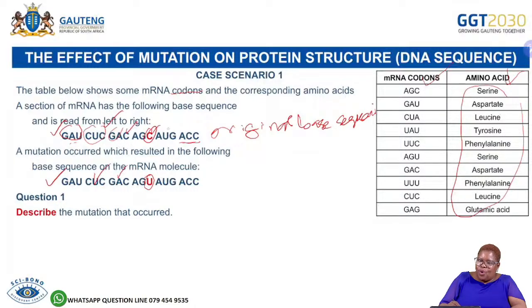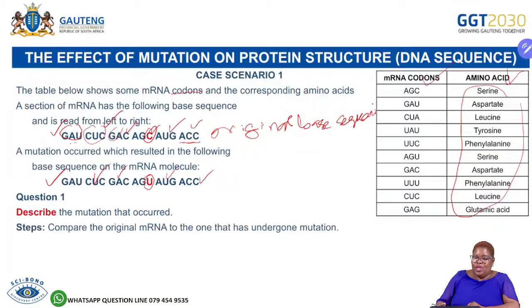Come to the fifth codon, AUG, we've got AUG after mutation. Original, we've got ACC, after mutation, ACC. They are the same except on the fourth codon. So this means mutation has occurred. Why? Because C was replaced by U. Now, these are the steps that you should know when you answer those questions.